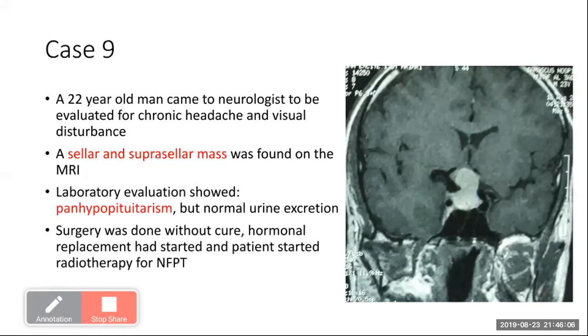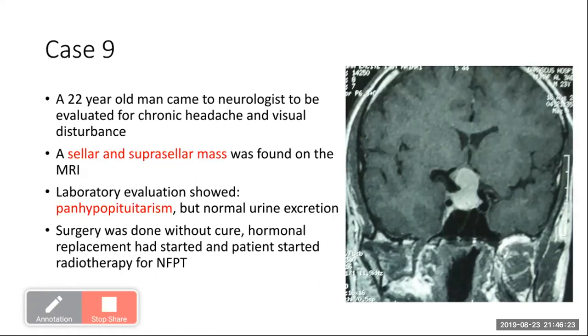The laboratory evaluation showed panhypopituitarism but normal urine output. Surgery was done without a cure. Hormonal replacement was started, and the patient started radiotherapy for a non-functioning pituitary tumor.